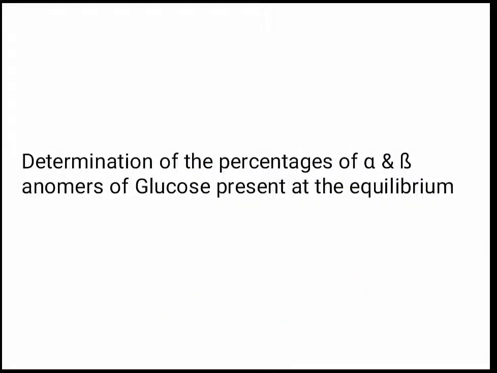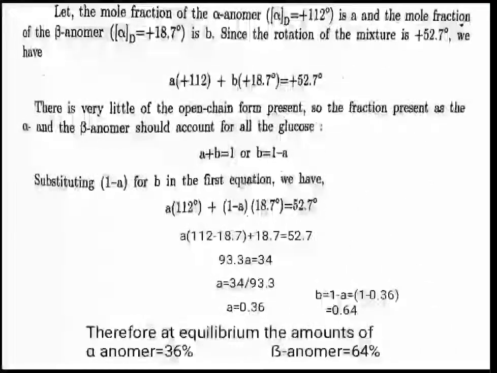Determination of the percentages of alpha and beta anomers of glucose present at equilibrium.